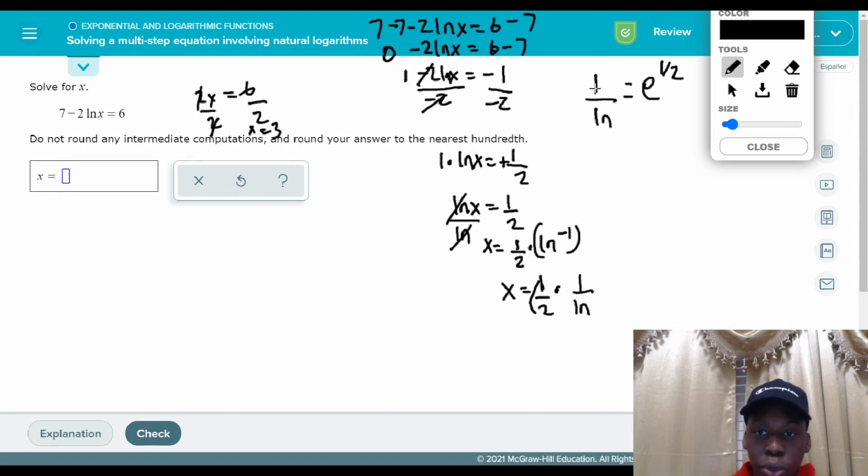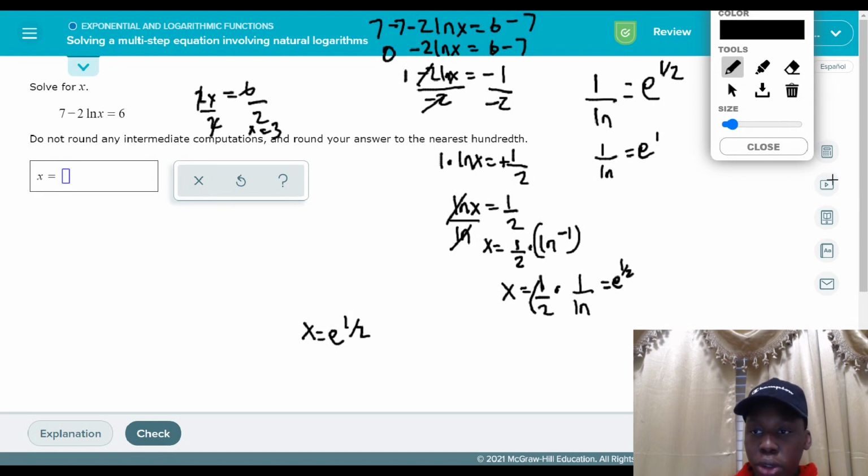And 1 over ln equals e to the power of whatever is dividing ln, which here is half. So this is the same thing as e to the power 1 over 2. Okay, so x equals e to the power 1 over 2.